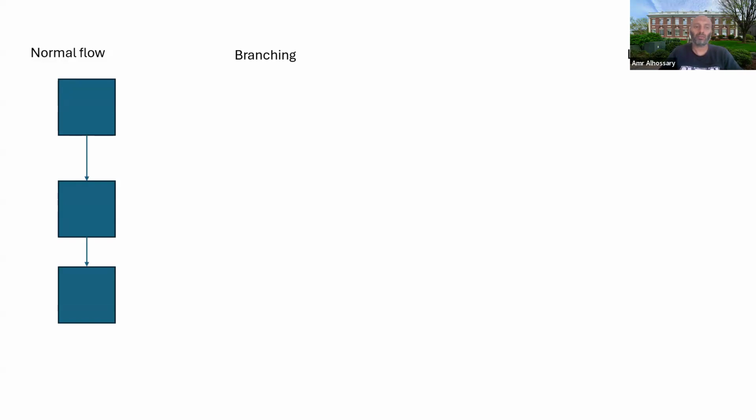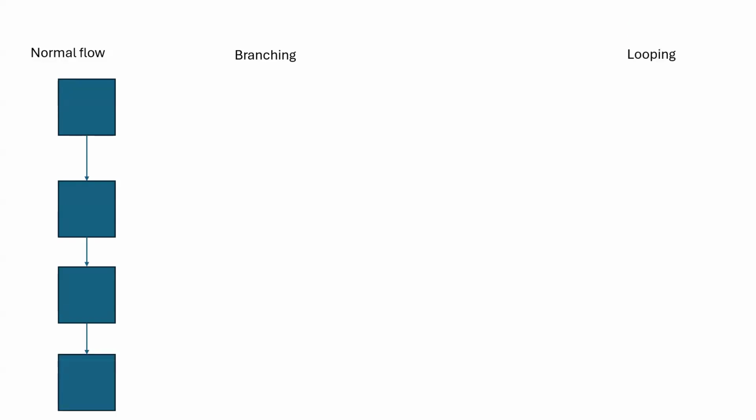So this slide shows the difference between normal execution and the two main ways of execution control. Normal flow starts with instruction, then another instruction, then another, then another. Straightforward. Any problem? No, that makes sense.